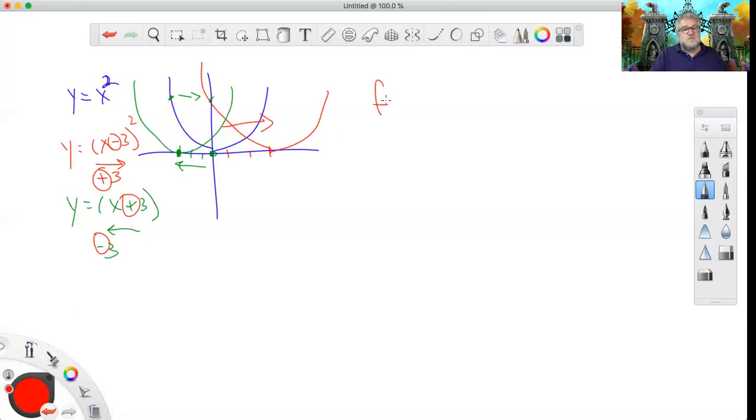When you have y equals f of x minus c, that's going to cause a horizontal shift of plus c, in the positive direction, opposite from the sign.